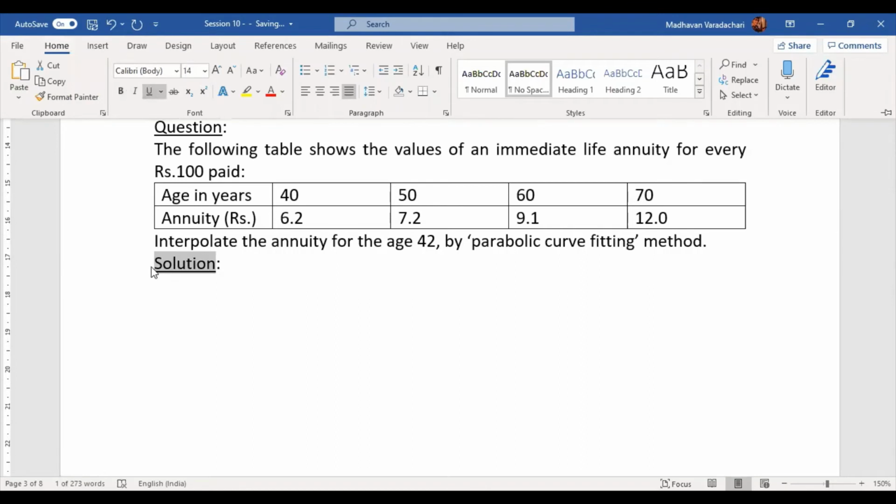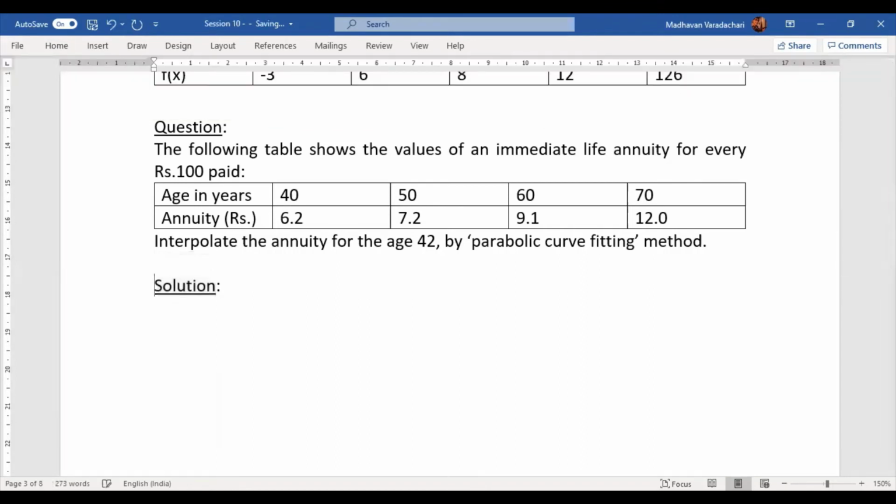Same methodology that we have done previously. So I'll say let f of x is equal to ax cube plus bx power 2 plus cx plus d.